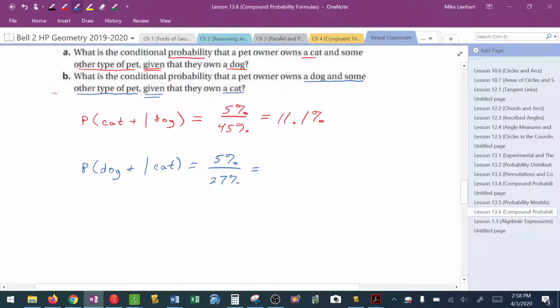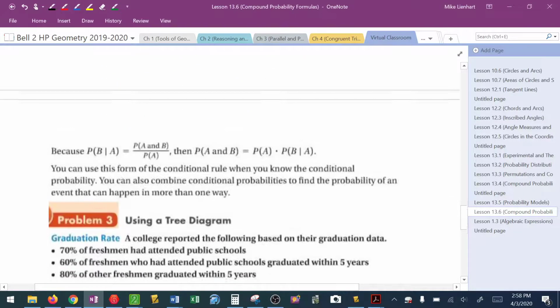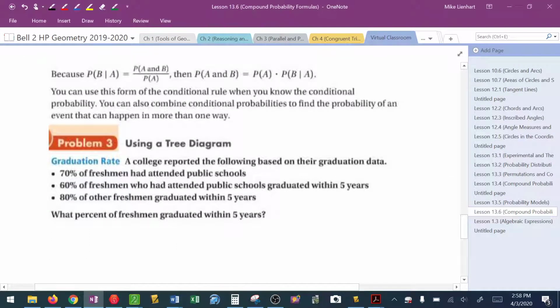And if I simplify this, I end up with 18.5%. Again, this is done to show you guys that the order in which you write things and calculate this probability is very important. Now, the last thing we want to talk about is this idea of using a tree diagram in a conditional type of setting.